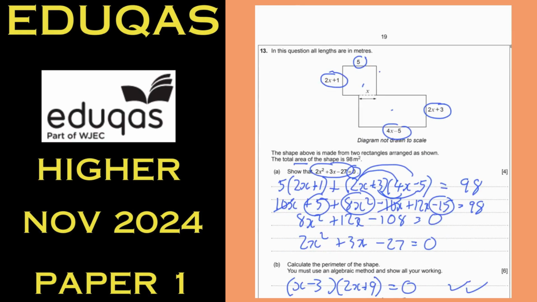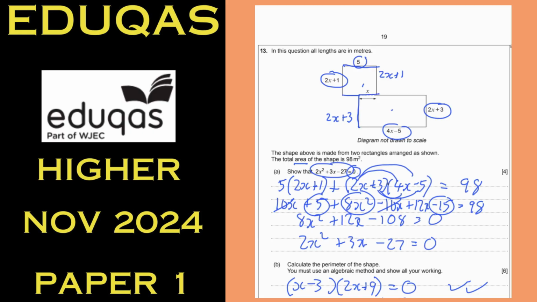Don't forget that that's 2x plus 1. This there is 2x plus 3. That there will be 4x minus 5. And then we've also got to take away another x from there because it's not included, and it's also 5.